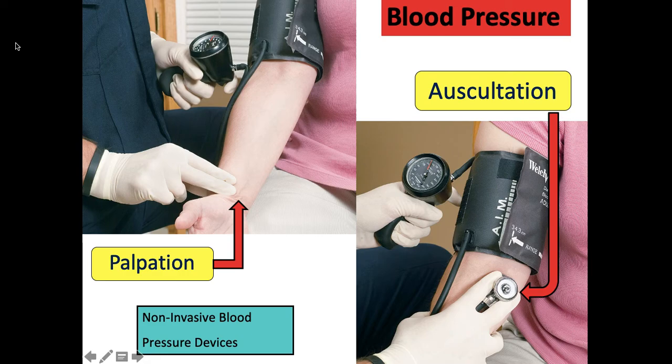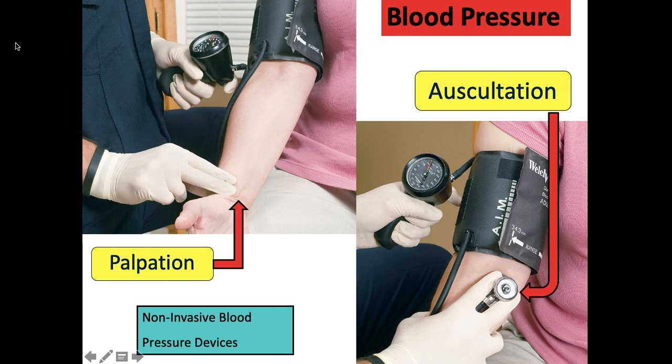Go up to 160 and then slowly let the cuff down by releasing the pressure. And you're listening for that first beat. The very first thump you can hear in your ears, that's your systolic blood pressure. You would then note that number and continue letting the pressure drop slowly.